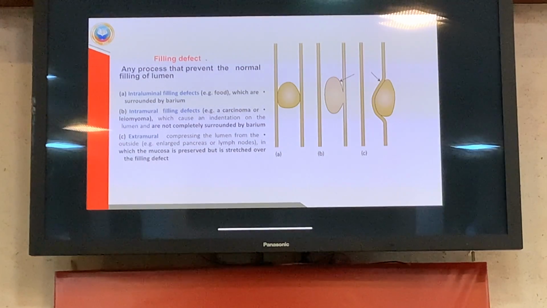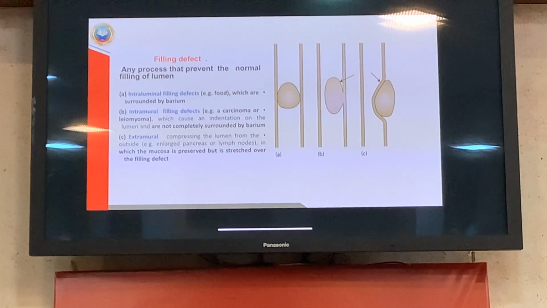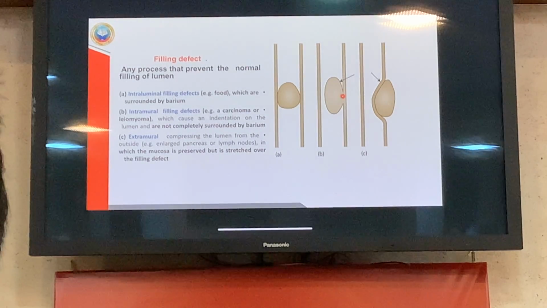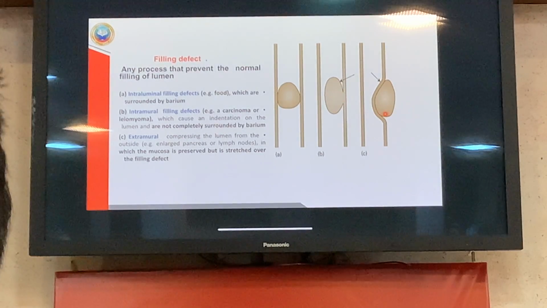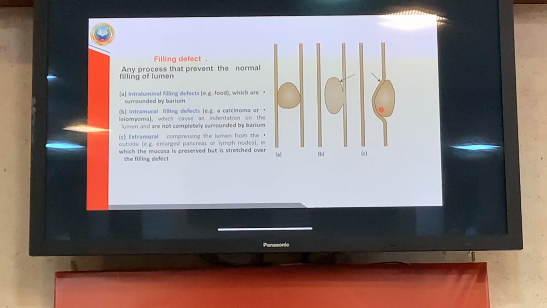It is surrounded by barium. Or intramural, something related to the wall, as in carcinoma or leiomyoma, causing indentation on the lumen, not completely surrounded by barium. Or there is extraluminal filling defect, a compression produced by a mass outside the lumen, such as an enlarged pancreas, lymph node, or any mass.